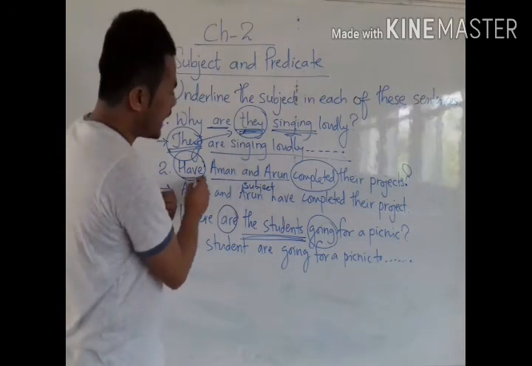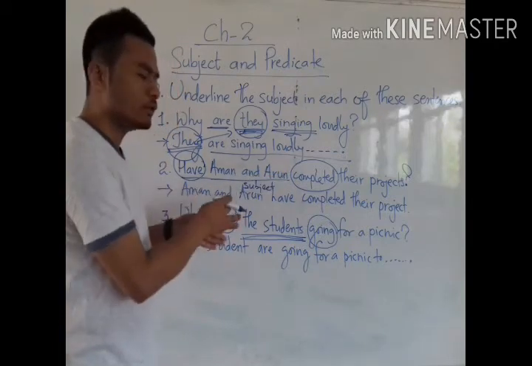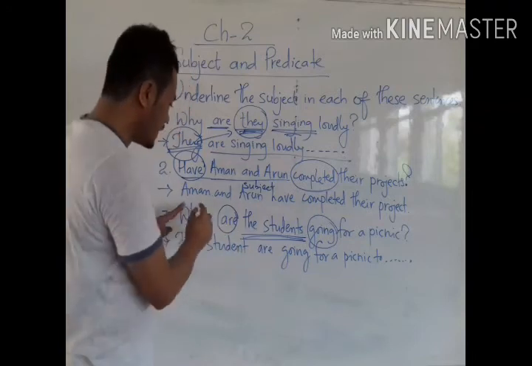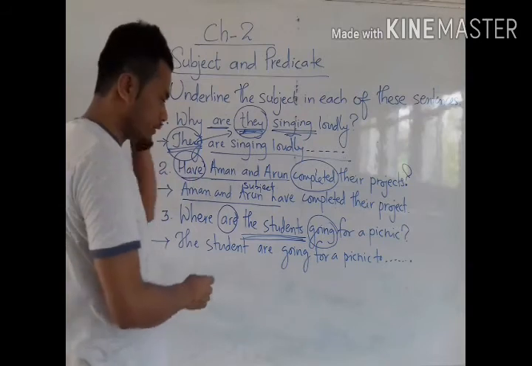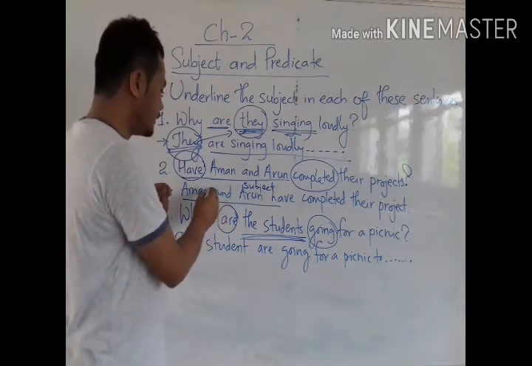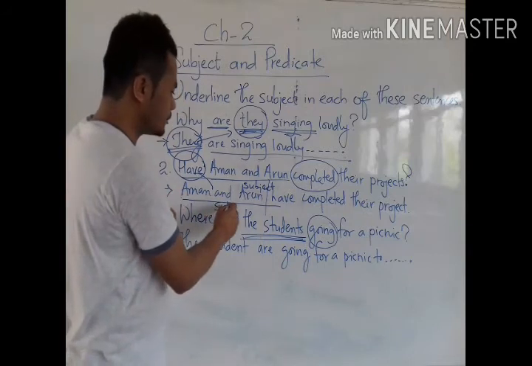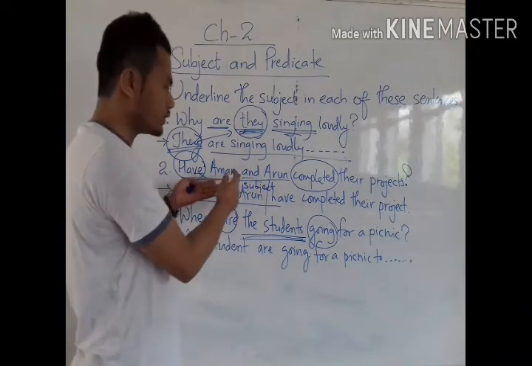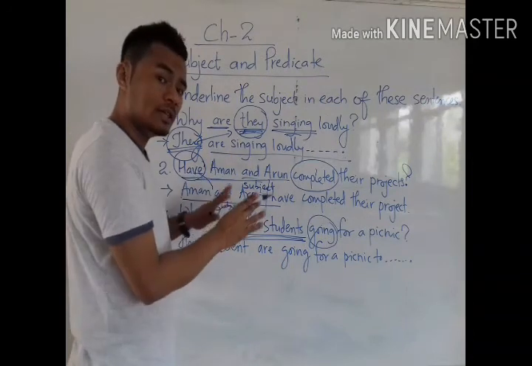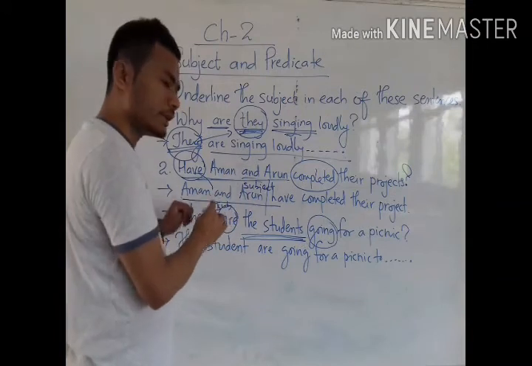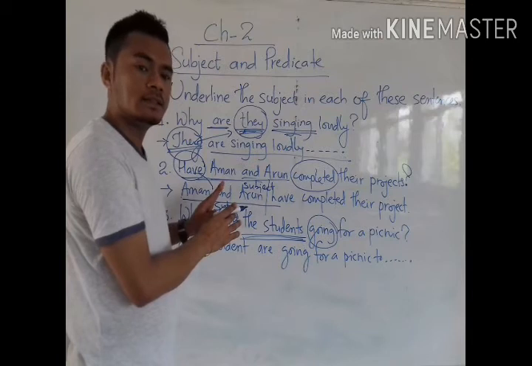In the same way, have Aman and Arun completed their projects? So here also if you change this into answer, Aman and Arun have completed their project. Now see here, Aman and Arun. The sentence is about Aman and Arun, so this is subject. In question also Aman and Arun is a subject, and when I have changed it into statement, then also we have found Aman and Arun as the subject.